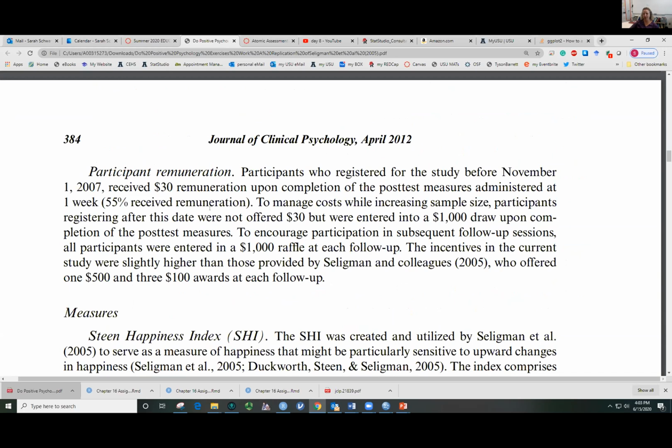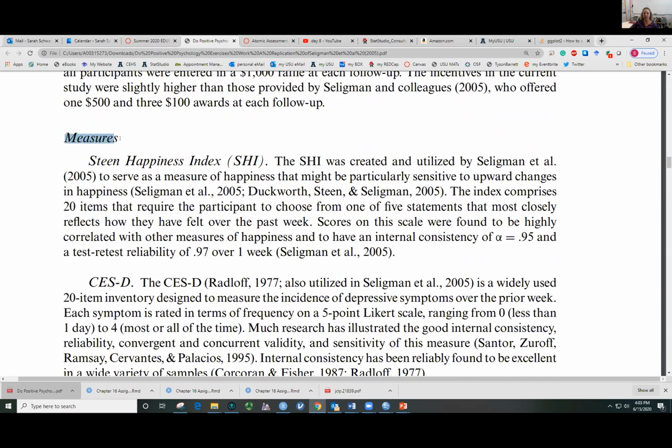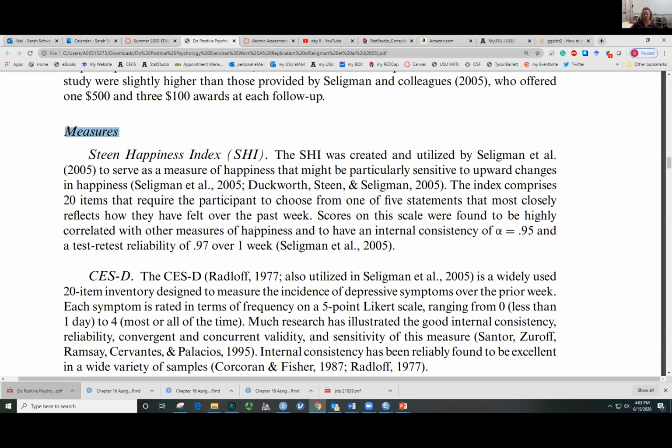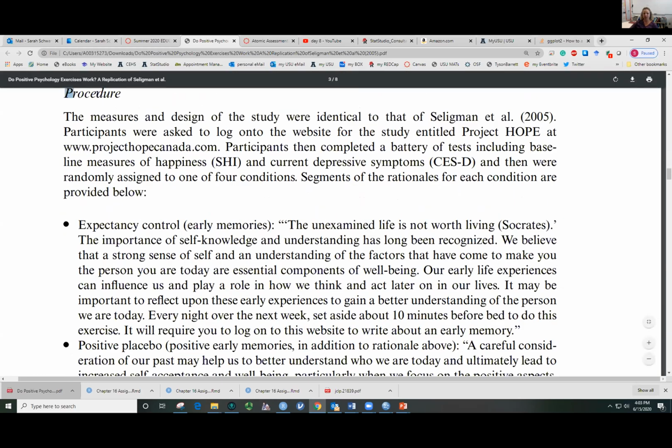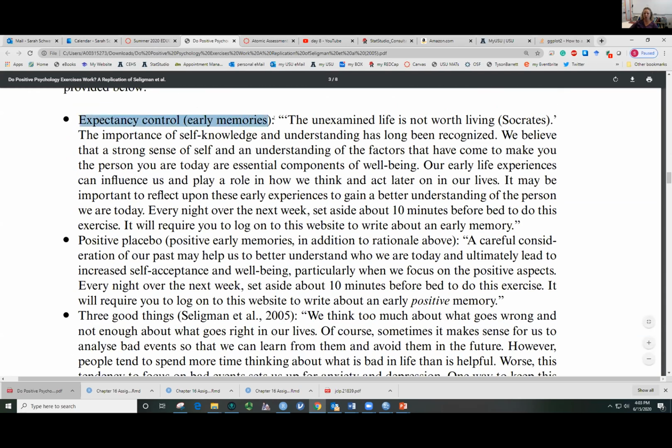All right, so after the participants, the next subsection tells about how they gave them money and entered them in a drawing to get them to keep participating. And then here are the measures. We're looking at happiness and depression, so this is how they were measured. And here's the procedure, how things went about. They had an expected control, a positive placebo group, and then the 3 good things group.